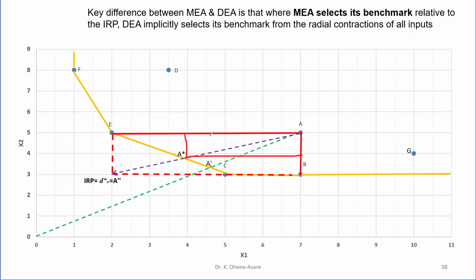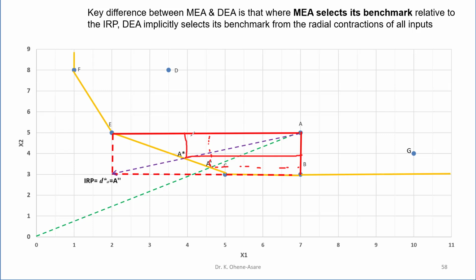If I go up here, this is a DEA gap. I'm not interested in that because this is radial, but I'm interested in the MEA. You see this distance here? This distance is the potential improvement distance. Emily, that is your excess input, the input excesses that you spoke about.